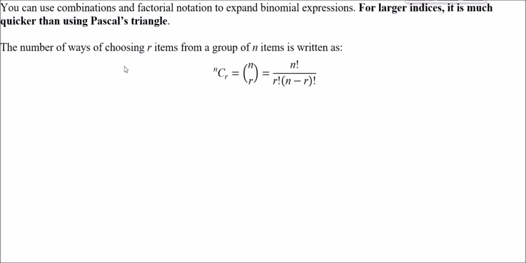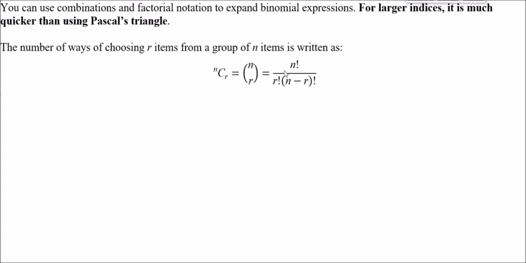The number of ways of choosing r items from a group of n items is written as below. It's n, big C for combinations, or you can think of it as choose r. So it's often read as n choose r. And it's written as a column vector looking expression, in brackets, n on top, r on the bottom.